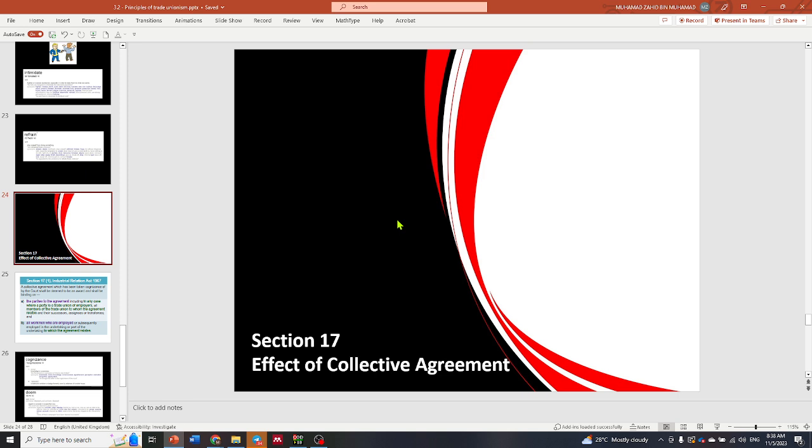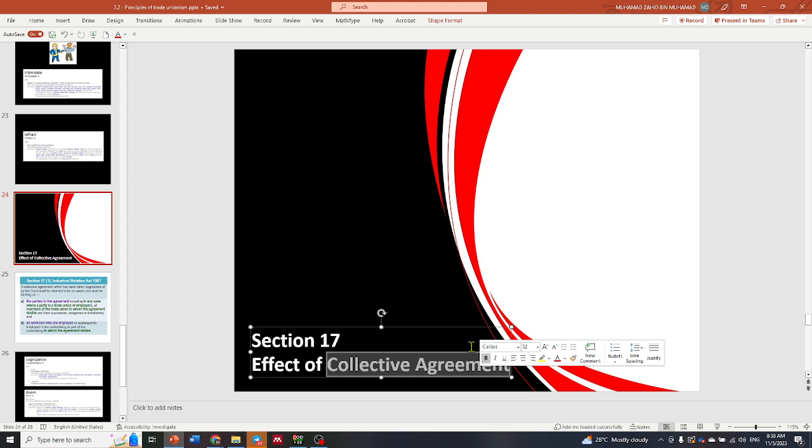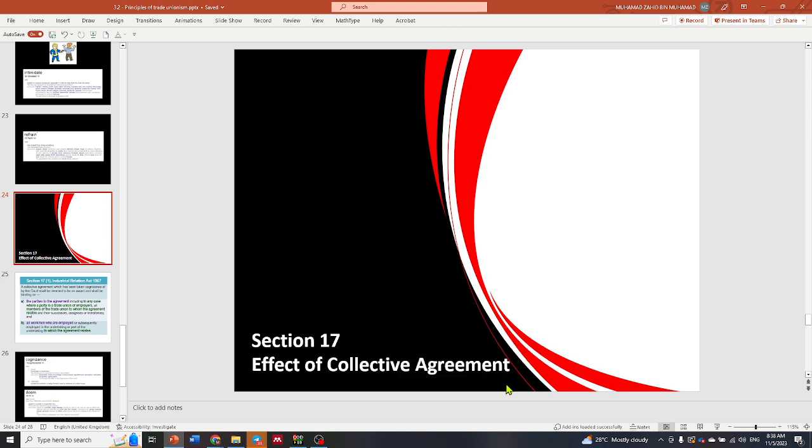Alright. So section 17 under this act, Akta 177, ini discusses on the effect of collective agreement. Kalau you ingat balik, kita dah bincang pasal collective agreement dalam chapter 1. Chapter 2 pun kita dah jumpa perkataan collective agreement.